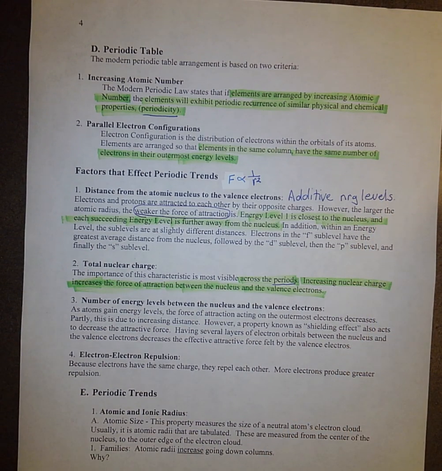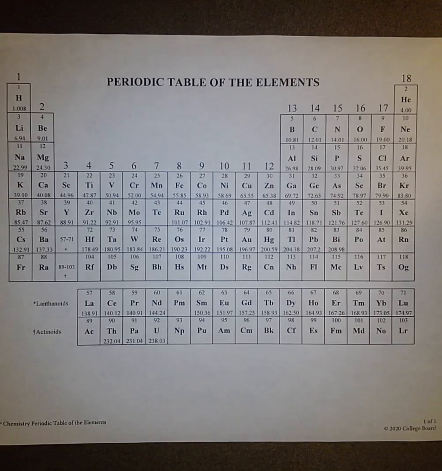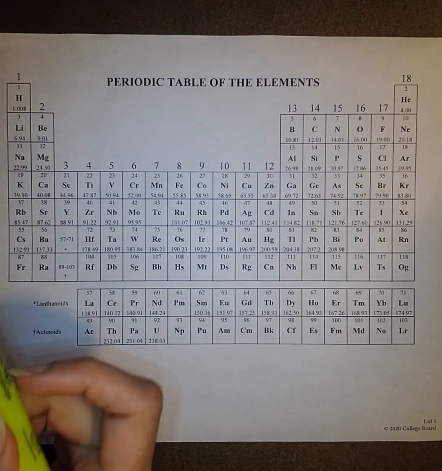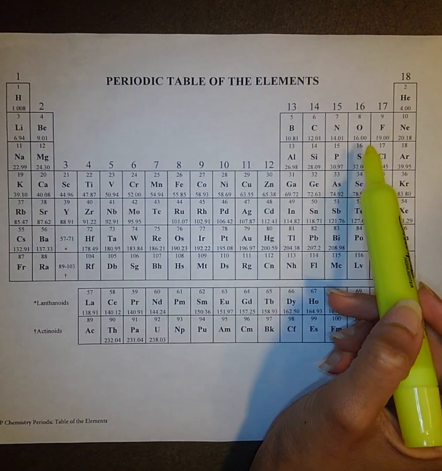Okay? So moving on with your notes, now let's talk about total nuclear charge. First of all, what is that? Well, that's a very simple concept to understand. So if you go back to your periodic table, the total nuclear charge is the number of protons that you have.